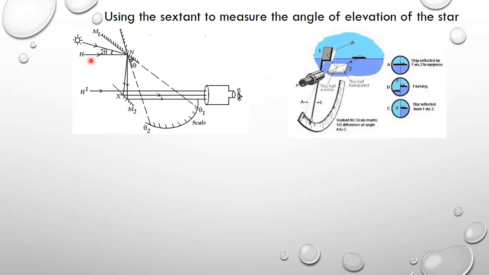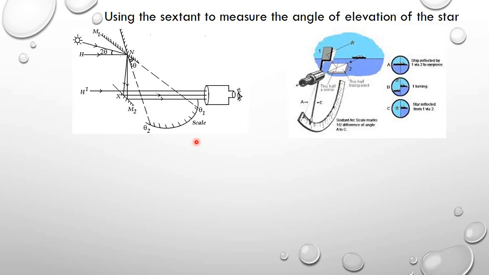From horizon H, the ray will go through the silvered part of M2 and then to the telescope here. This is a telescope and this is its eyepiece. So when those two images coincide, we measure this position of M1, which is given as θ1.